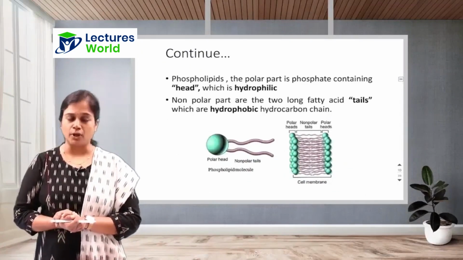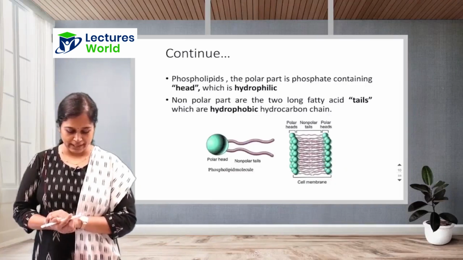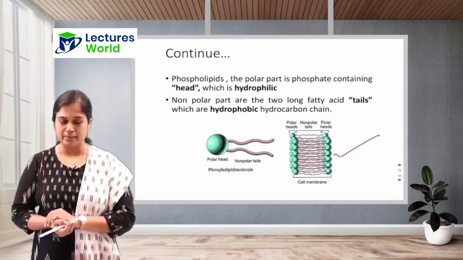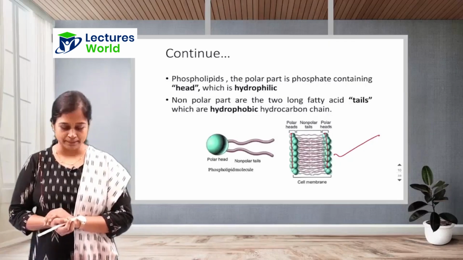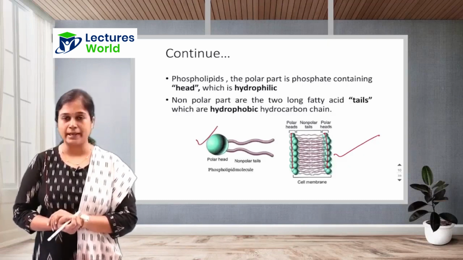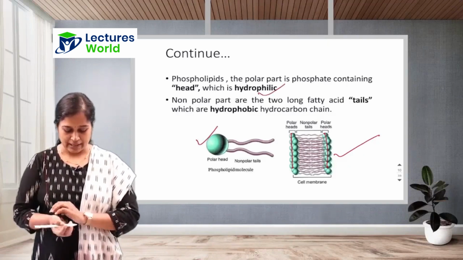Now talking about the phospholipids, the polar part is the phosphate-containing head. This is the layer. This is the lipid bilayer. There are two layers of lipid, that's why it is called a lipid bilayer. Now this round portion is called the head, and it is a polar part which is hydrophilic.